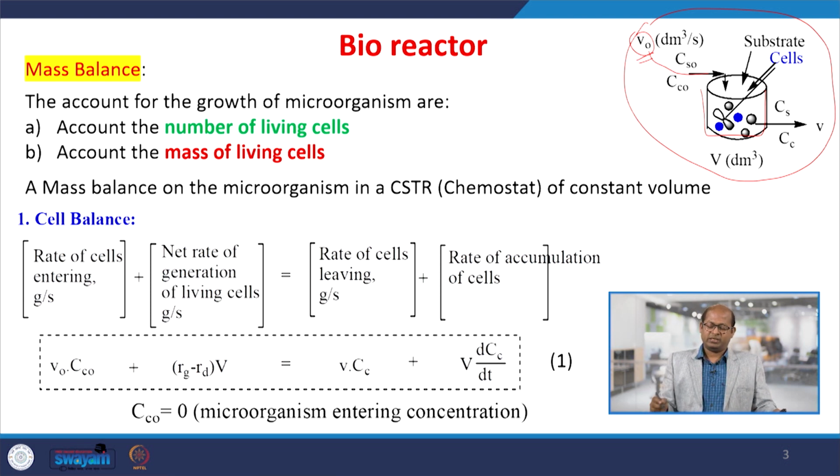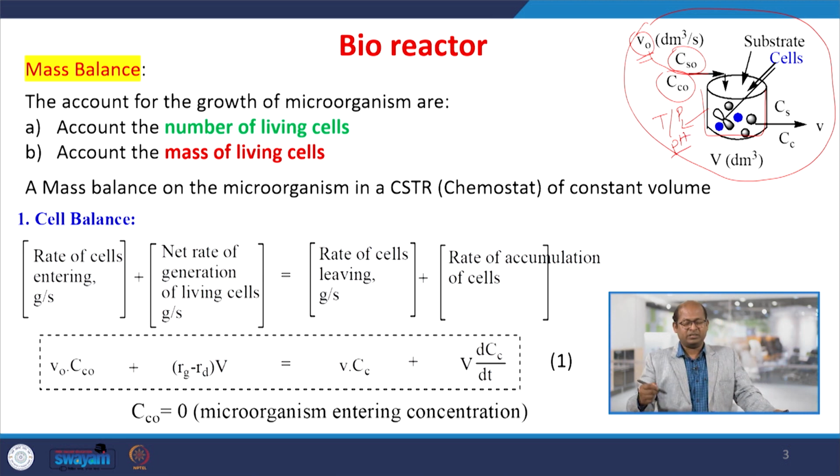In this reactor, the initial substrate concentration and the initial cell concentration are given in the feed line entering the reactor. Here we maintain temperature, pressure and pH, the reaction is conducted, and stirring is also there.